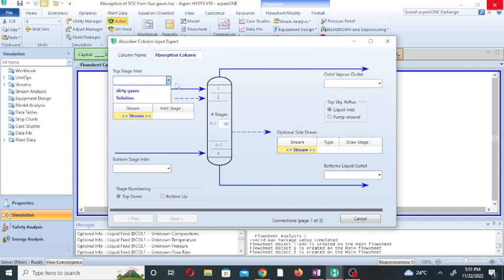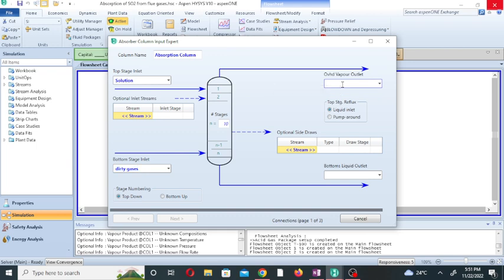The solution is coming from the top, which consists of methyl diethanol amine plus water solution. So click on solution, and there is no inlet or side stream, only the solution is coming from the top. The bottom stream is the dirty or flue gases. So click on it, add.